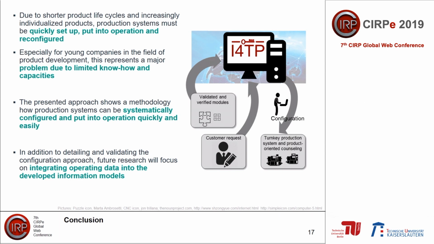The presented approach shows a methodology how production systems can be systematically configured and put into operation quickly. Future research will focus on the integration of operating data into the developed information models, but also on detailing and further validating the presented configuration approach.